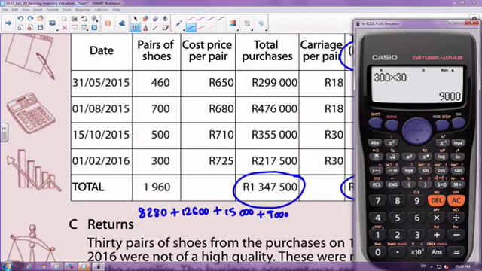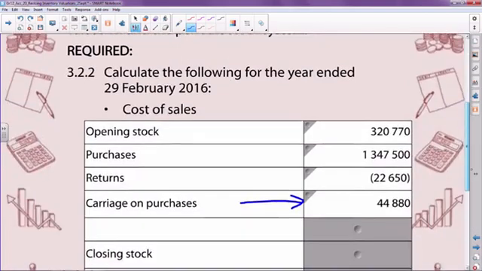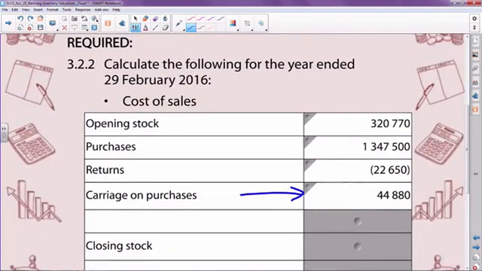Now let's add all of that together: 8,280 plus 12,600 plus your 15,000 plus your 9,000, and that gives you a figure of 44,880. Now clearly you can see that you needed to calculate your carriage and purchases.